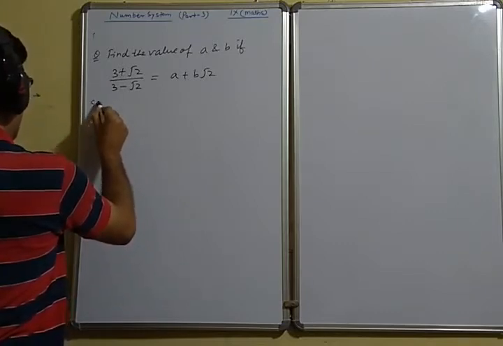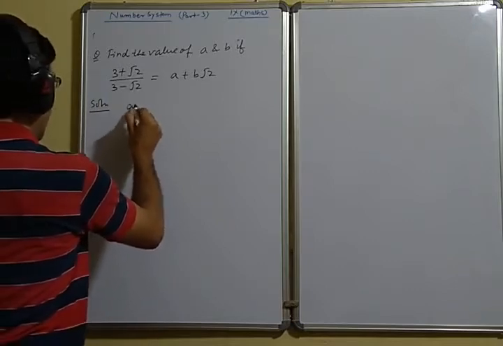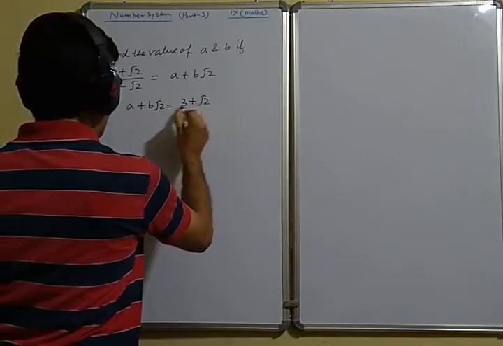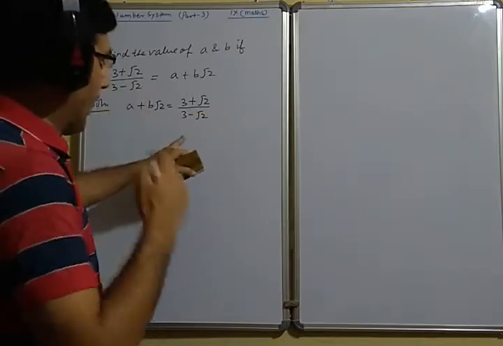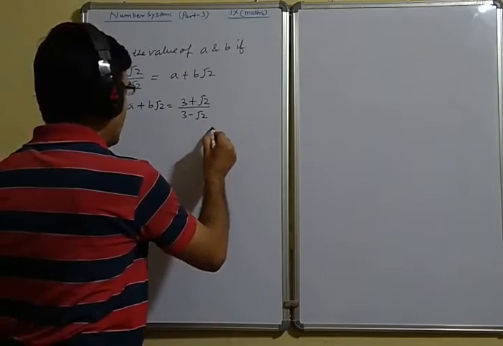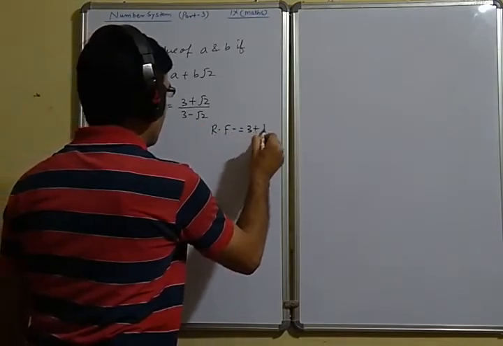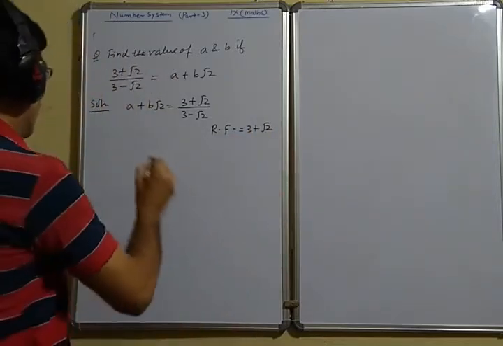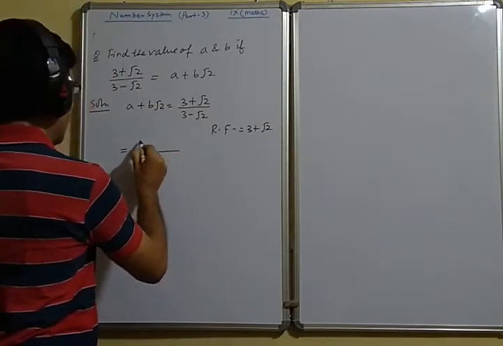Now let us see the required solution. The irrational factor is 3 minus root 2, so its rationalizing factor RF is 3 plus root 2. Now multiply both numerator and denominator by its rationalizing factor.